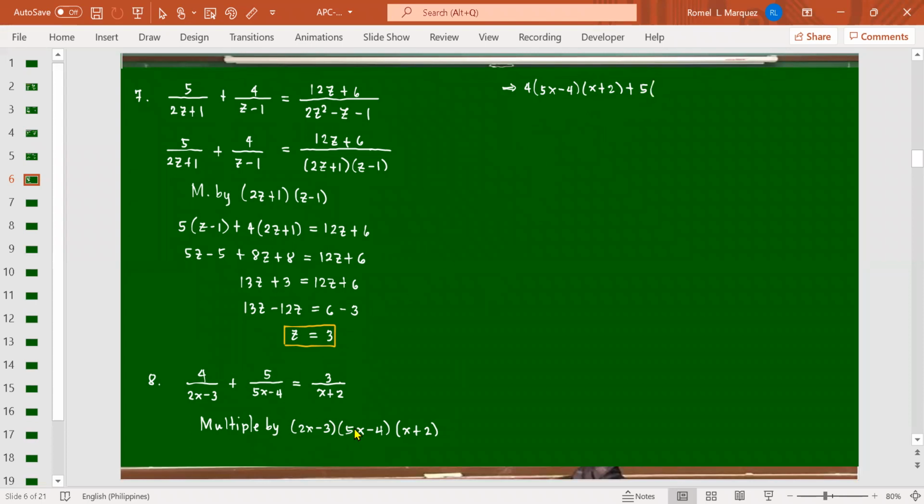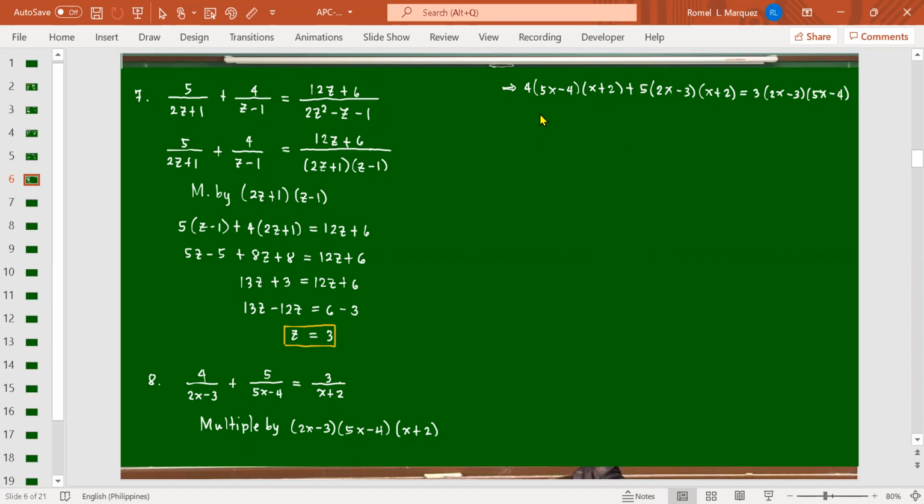What is canceled out? 5x minus 4. So we have 2x minus 3, then we have x plus 2. No? Right, guys? And then the right side, 3 times. So x plus 2 is canceled out. 2x minus 3, 5x minus 4.